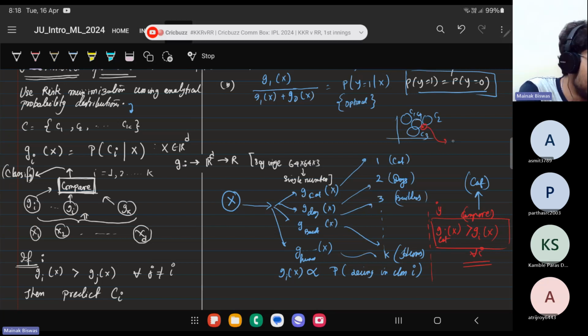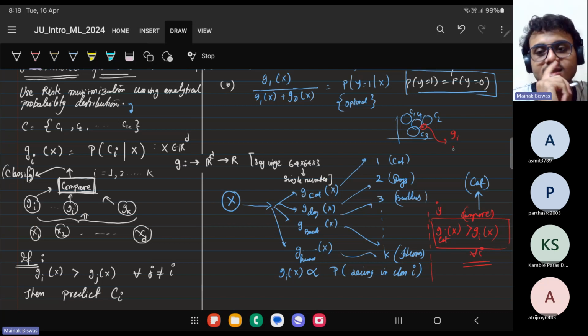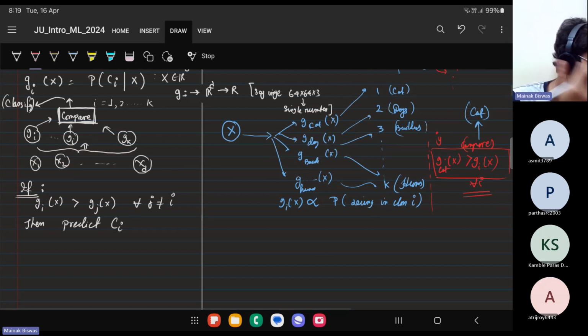I'll pass it through all these g i functions and see which of these classes gives me the maximum number, or the minimum risk, or like last time, the maximum likelihood. Which gives me the maximum number gives me more confidence that it belongs to that class. This is the decision that I'm going to take.